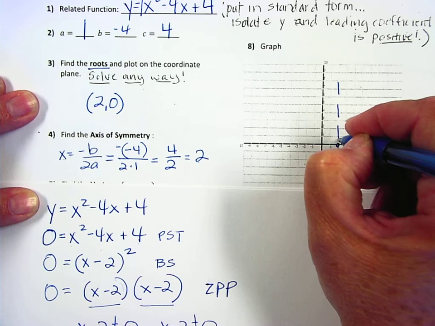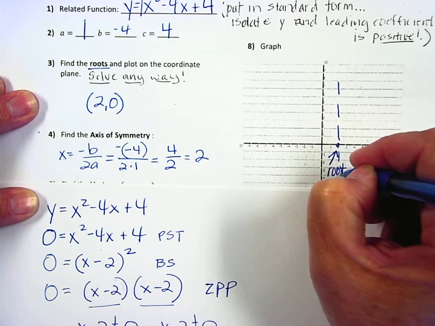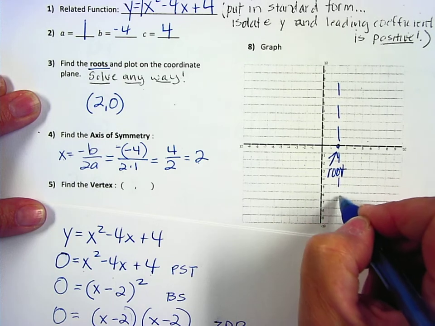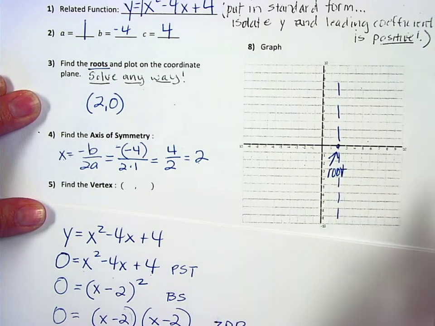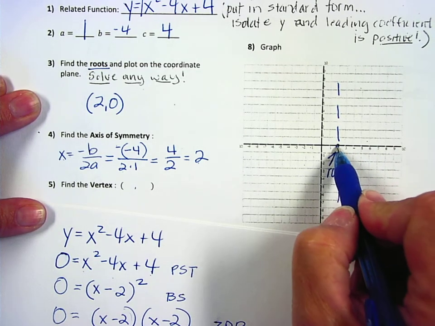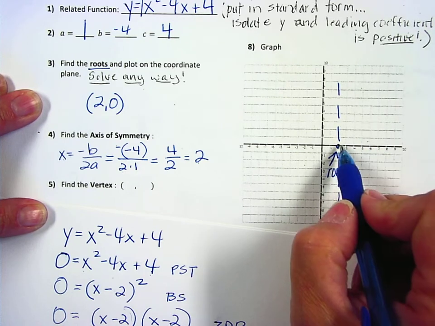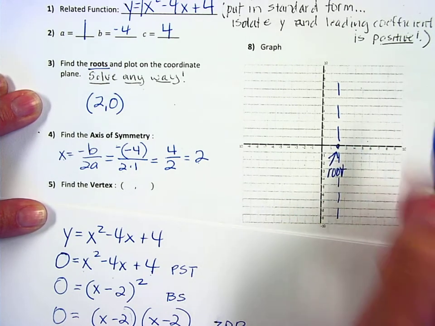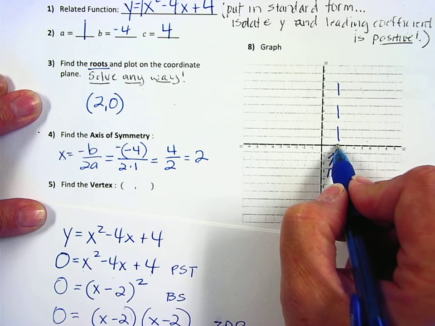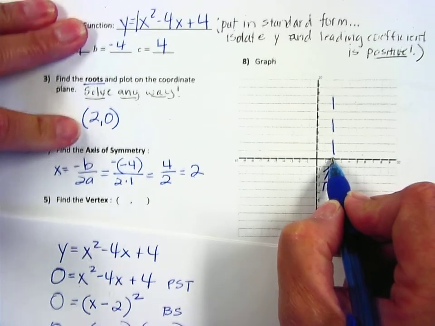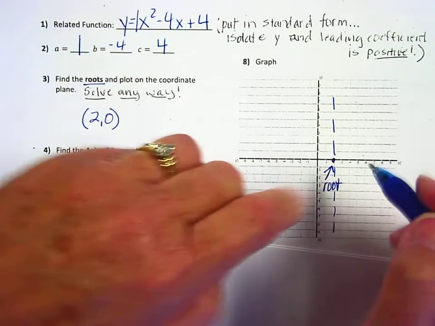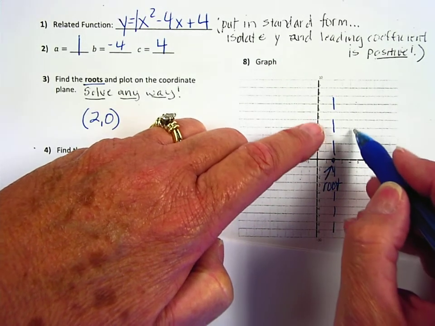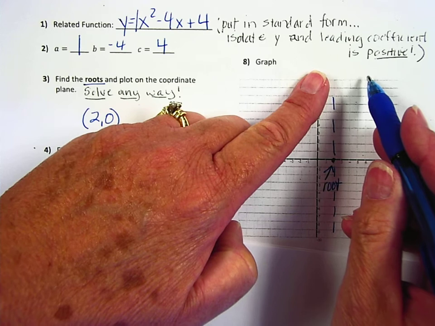Now I noticed something interesting. My root is on my axis of symmetry, which means my vertex is always on my axis of symmetry. So I believe this is my vertex, because if this is only going to touch the x-axis once and it's going to open up because my leading coefficient is positive, that means it's going to touch it here one time and then come up on both sides like this.